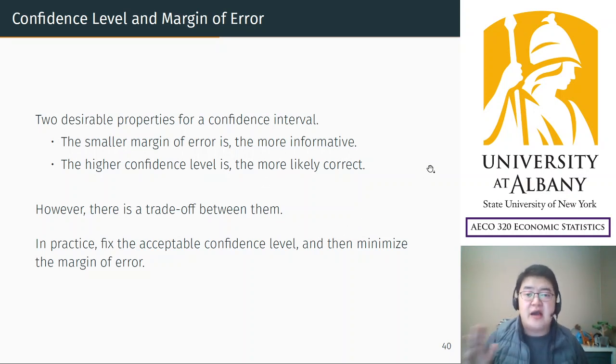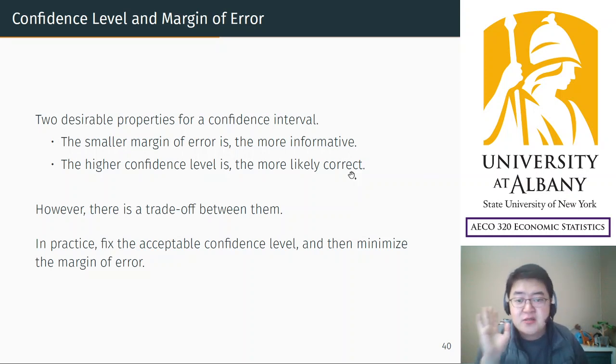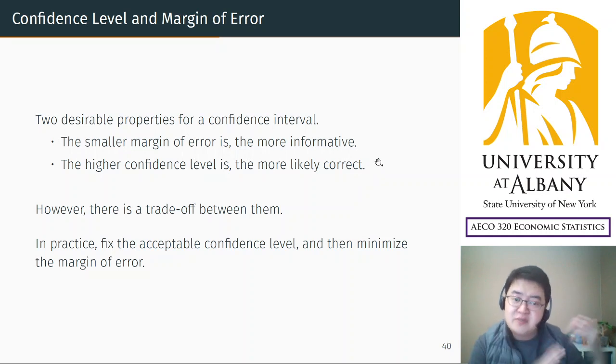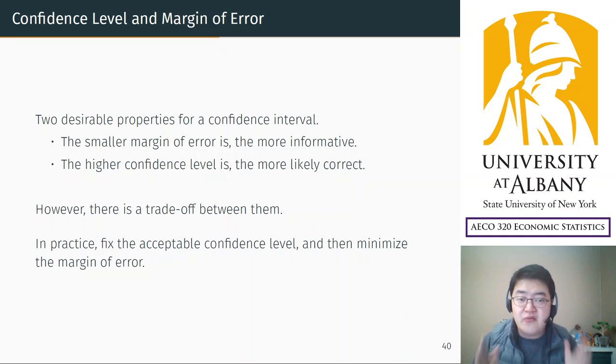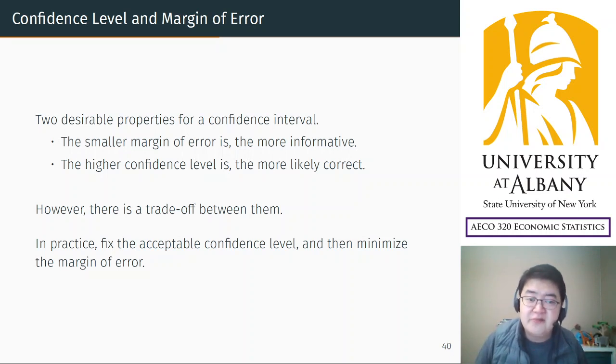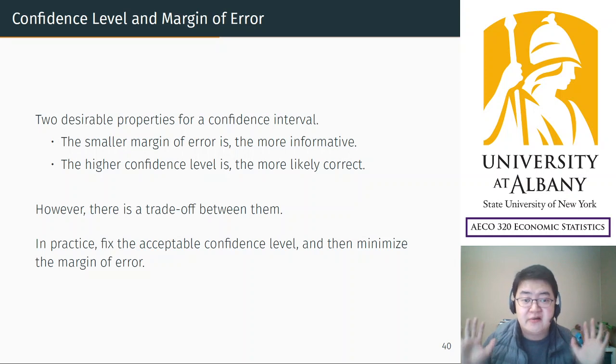Say, I want to be correct with 99%, or, say, 90%. You fix the acceptable confidence level first, and then, based on it, you choose the margin of error which minimizes the margin of error at that confidence level. That's how we balance this trade-off.